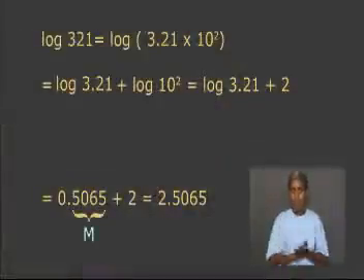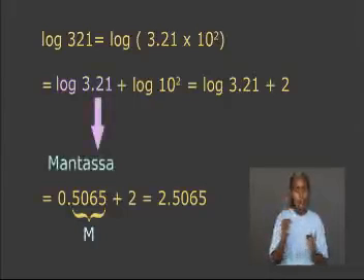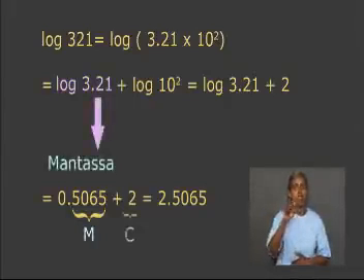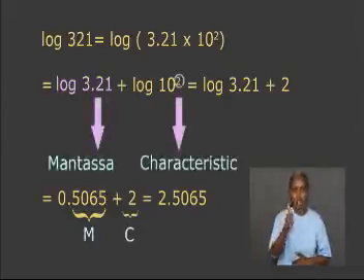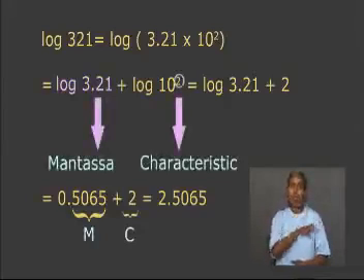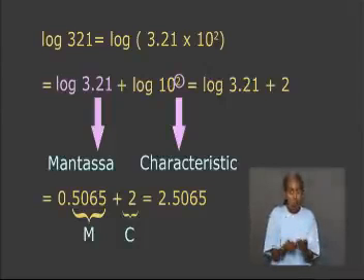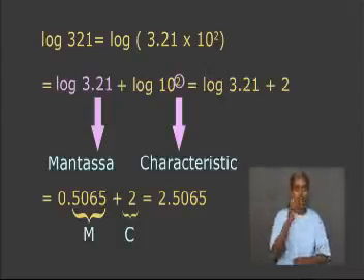The logarithm of m is called the mantissa, and c is called the characteristic. Therefore, the common logarithm of a number is equal to its mantissa plus characteristic.